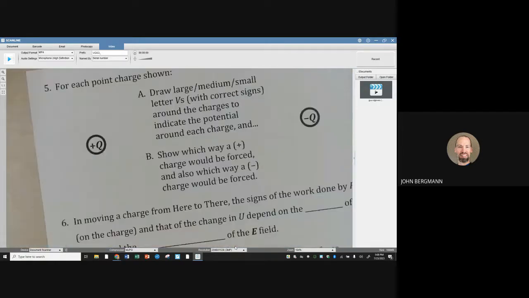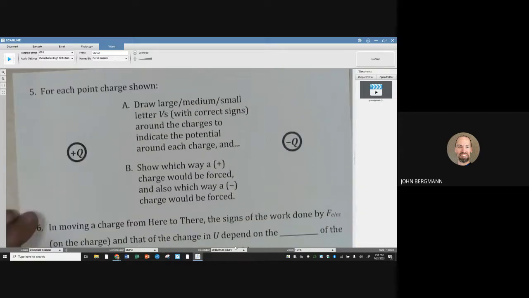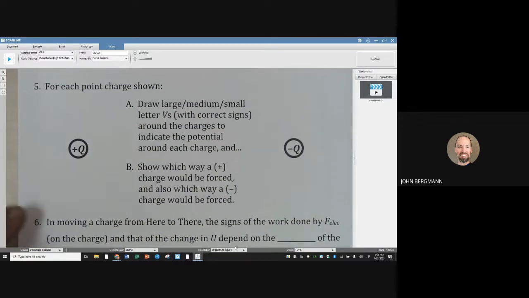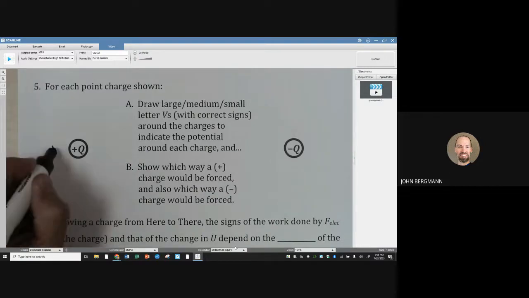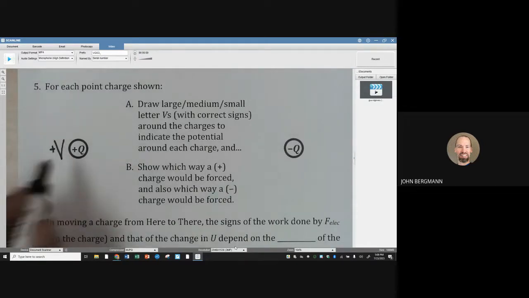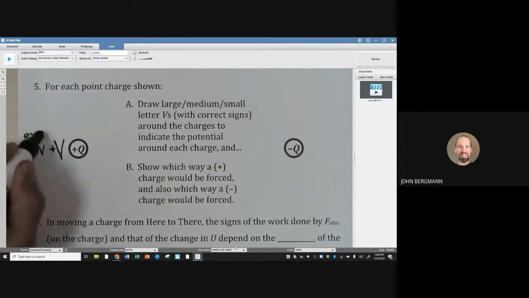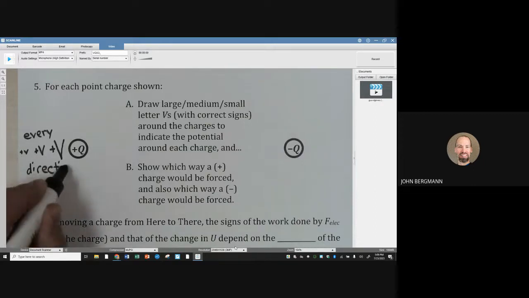Now what we have is a couple of point charges, one positive, one negative. And what we want to show here is that close to the charge, there's a big value of potential right there. Further out, it's somewhat smaller, and further out yet, it's even smaller. And this trend occurs in every direction: to the left, to the right, above, below, even towards us and away from us.